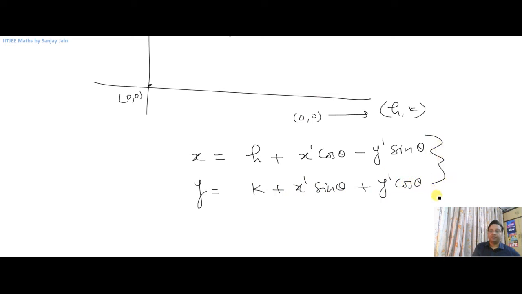So I have clubbed the two results and written these coordinates in terms of the new coordinates. New coordinates are x dash, y dash, and the new origin is h comma k. Alright, I hope this article is clear to you.